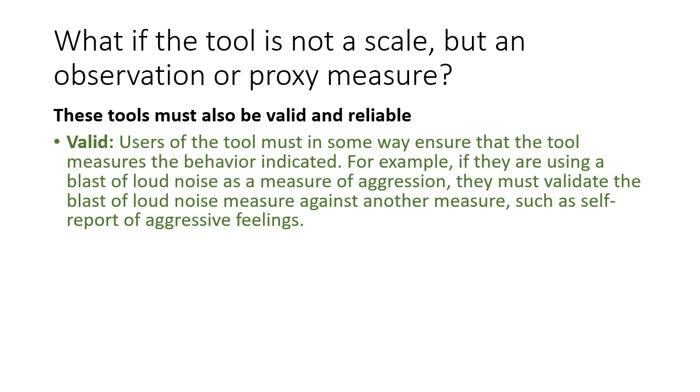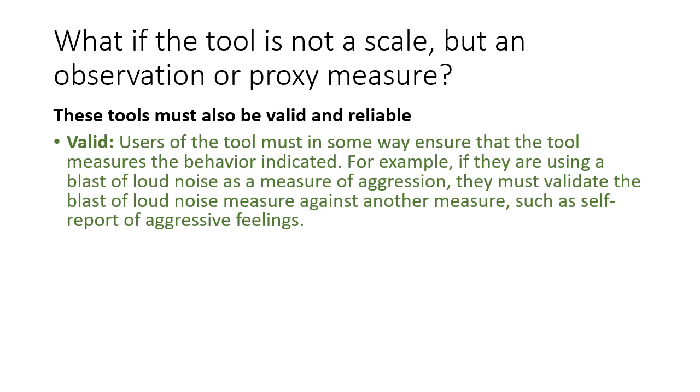In some way, if we're using an aggression tool, then we have to ensure that this blast of loud noise, does that really correlate with feelings of aggression? So we have to validate that measure by kind of testing it.